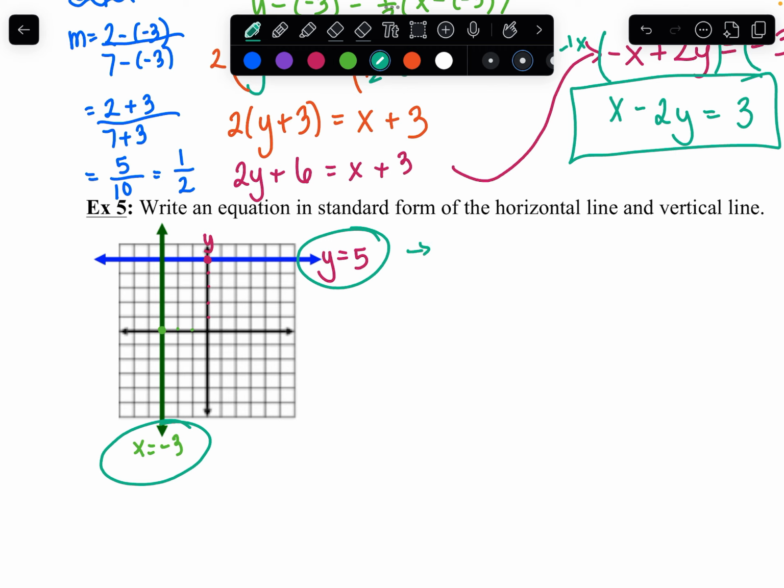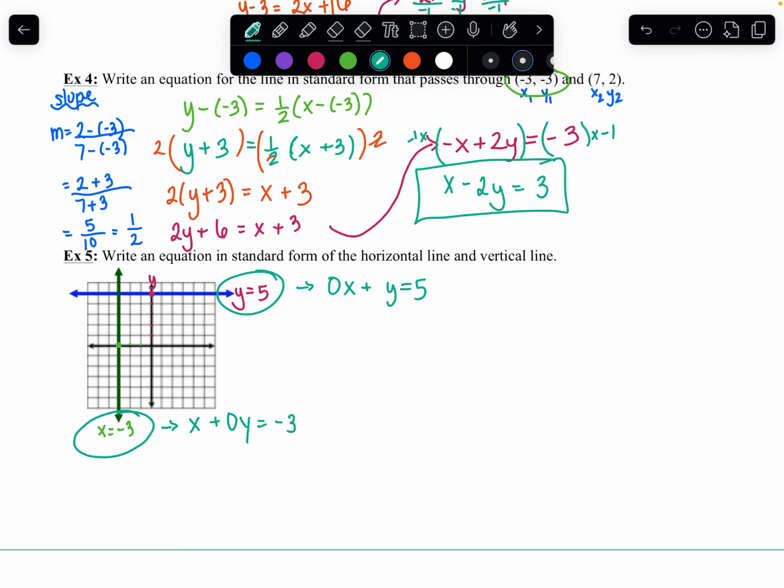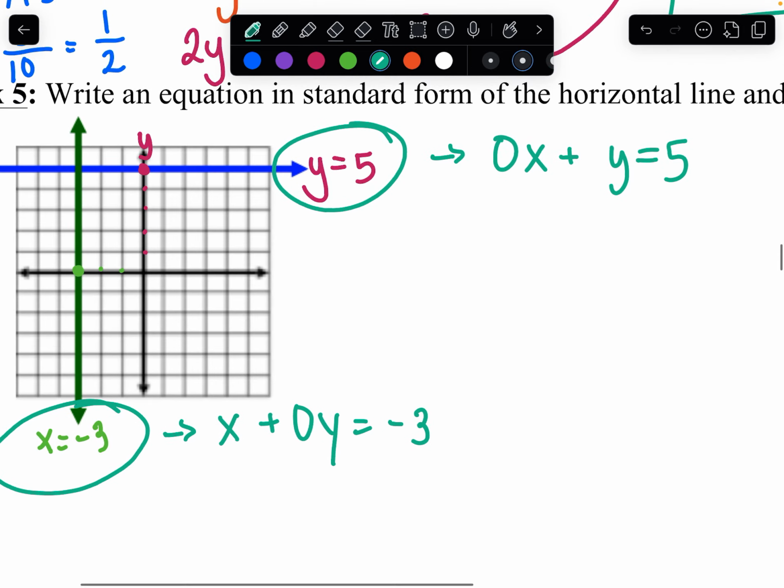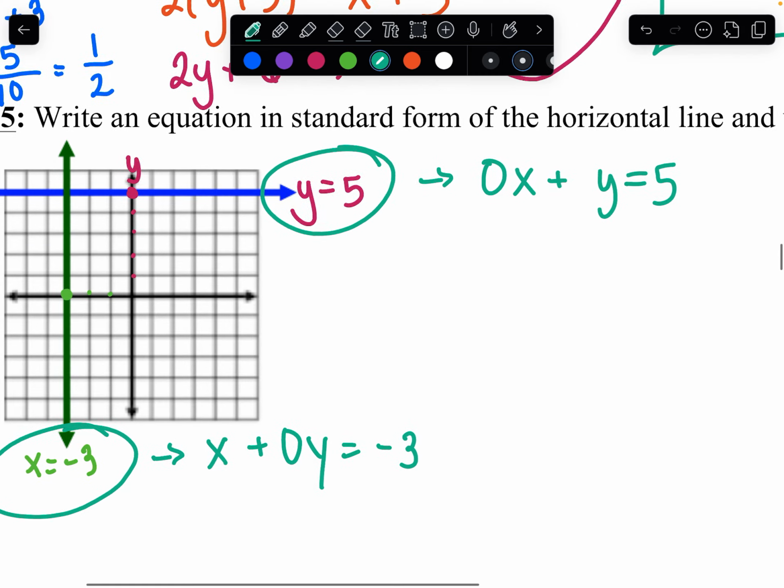Sometimes you can think of it as there's no x, so we could have 0x plus y equals 5. Just like with our vertical line, we can also write this as x plus 0y equals -3. They're the same. In these forms, it just gives you the a, b, and c values.